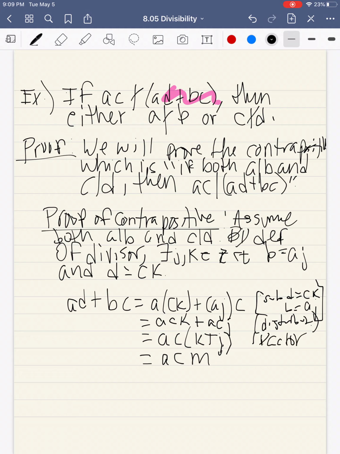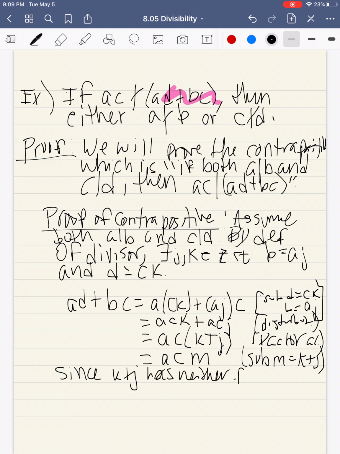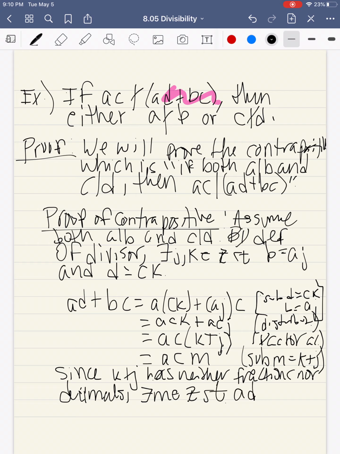So factor AC, and then sub M equals K plus J. And then we can finalize by saying, since K plus J has neither fractions nor decimals, there exists an M that's an integer, such that AD plus BC equals ACM.